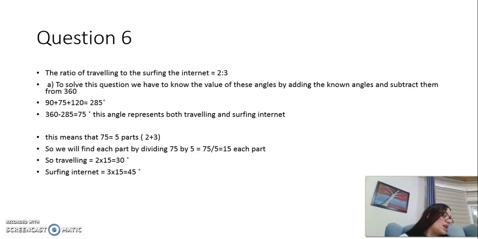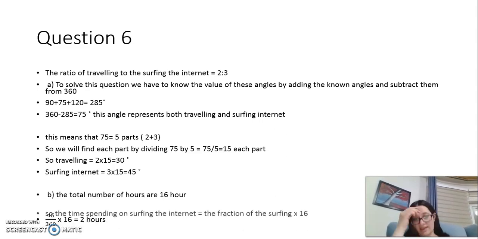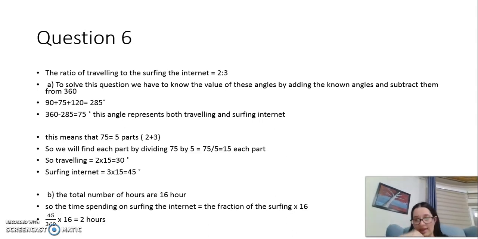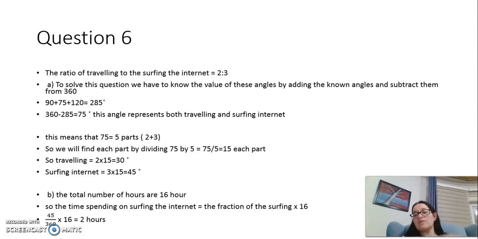In question B, I want to find what? I want to find how many hours he's spending on surfing the internet. Again, you are going to find the fraction of surfing the internet and times it by the total number of hours. So 45, the angle of surfing the internet, divided by 360, which is the angle of the circle, and then we are going to times it by the total number of hours.